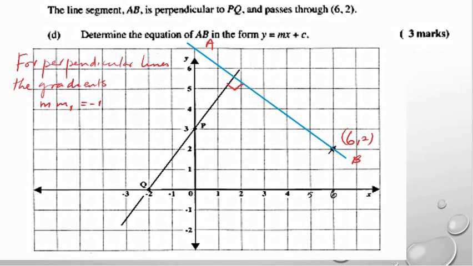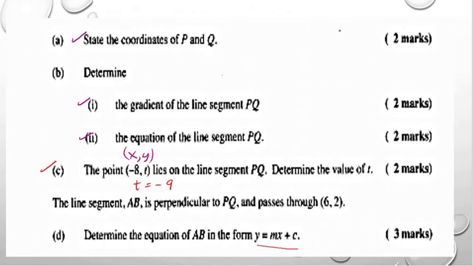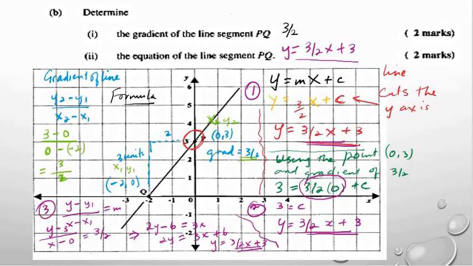So that means that the gradient of the second line is equal to the negative reciprocal of the first. And we know the gradient of PQ, from what we did before, the gradient of PQ is equal to 3 on 2.